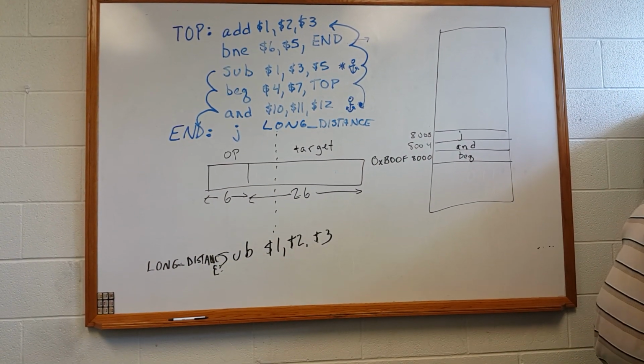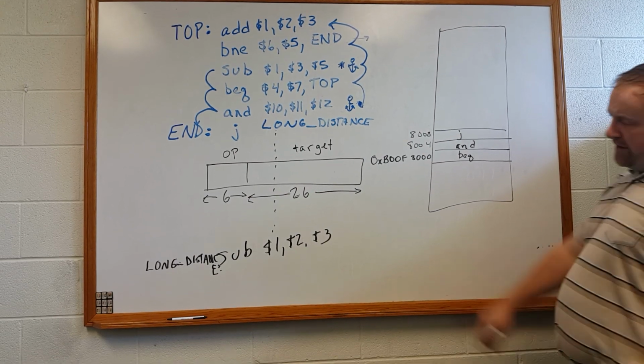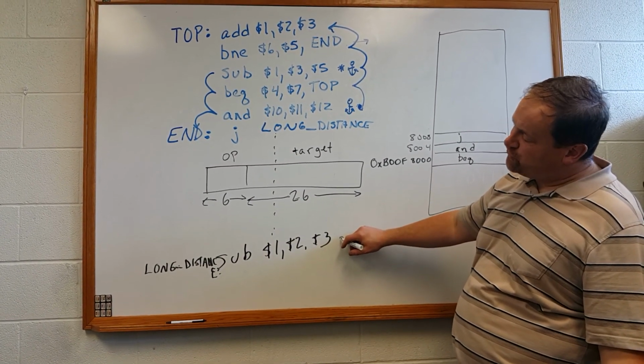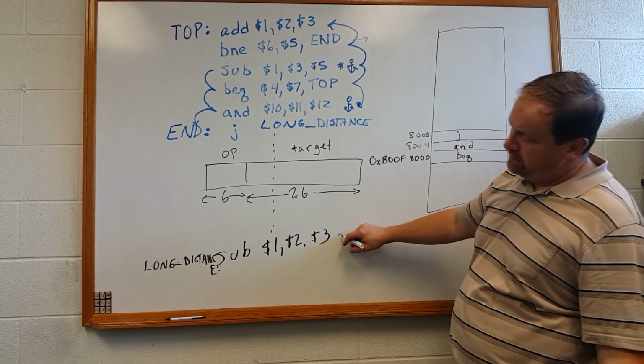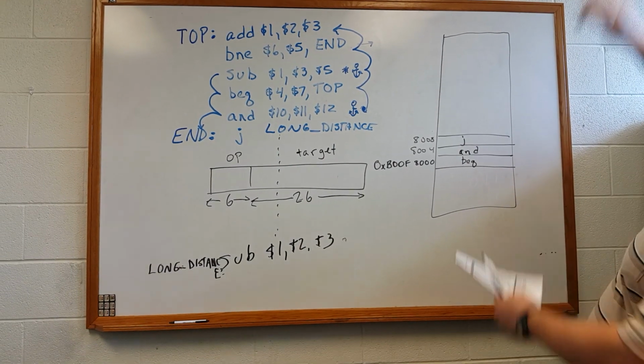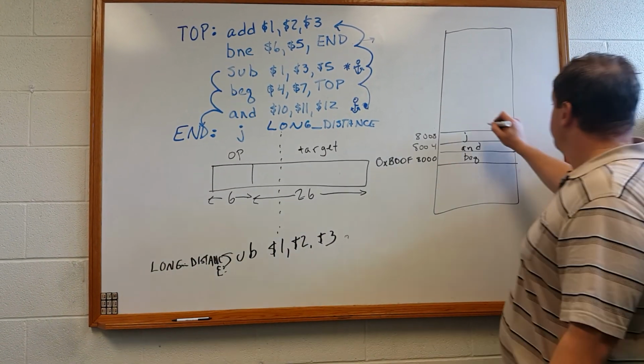And what you should be clamoring for is, what is the address of the instruction sub 123, which is labeled long distance? Now it could be hundreds of thousands of instructions away.